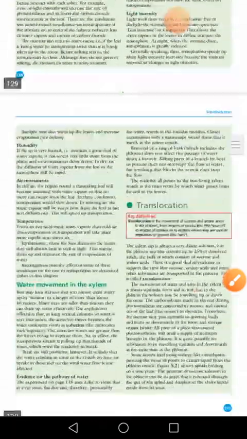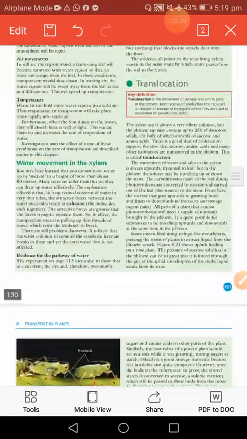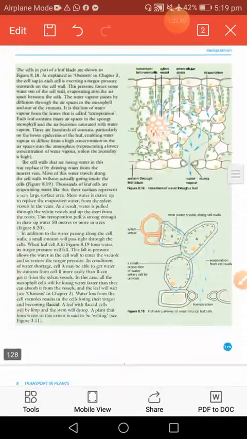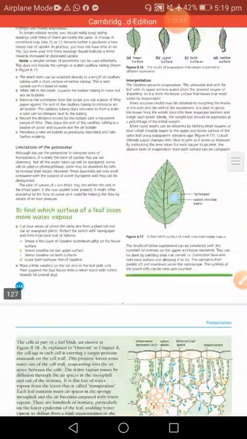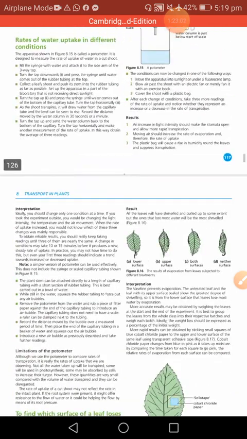So here we have photosynthesis occurring, and due to photosynthesis you obtain glucose. We will not go into a lot of details, because a lot of details is of the very higher studies.